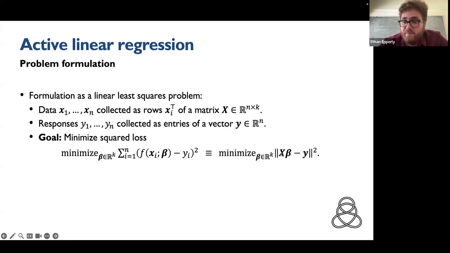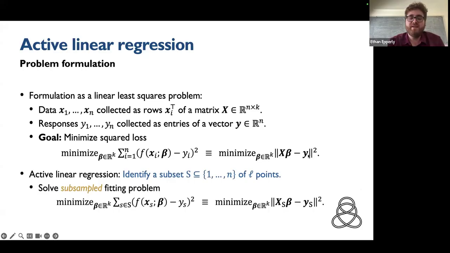And this can be formulated as a matrix linear least squares problem as follows. I just want to find the vector beta that minimizes the distance ||X beta minus y|| in the 2 norm squared.